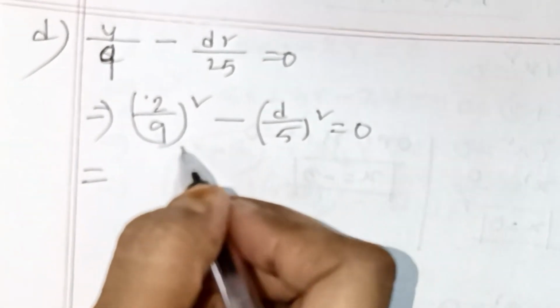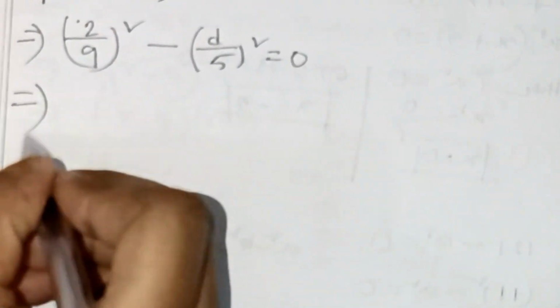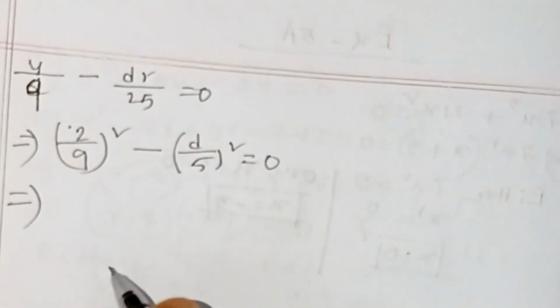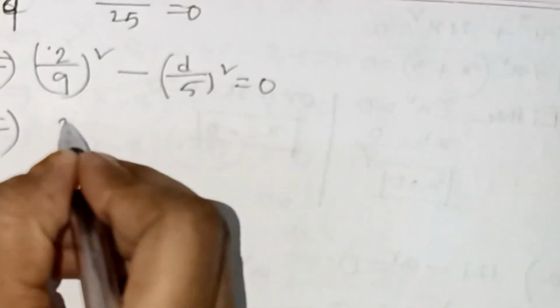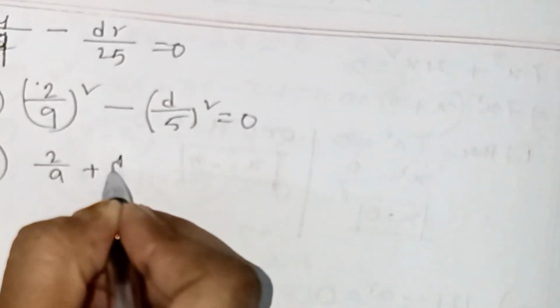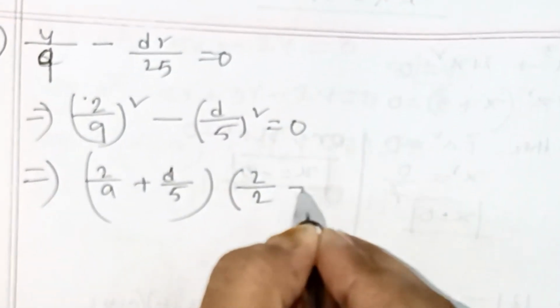So 2 by 3 is this one, A, and d by 5 is this one, B. So we apply the formula a square minus b square, a plus b into a minus b. Okay, so a plus b, a minus b.